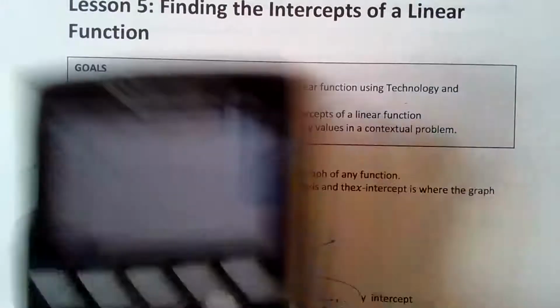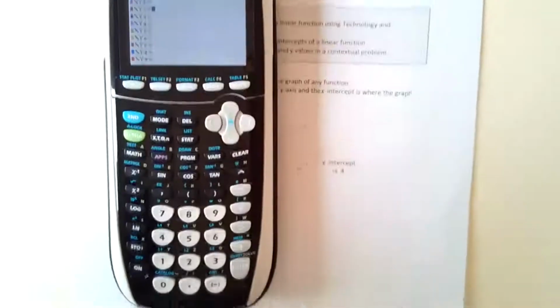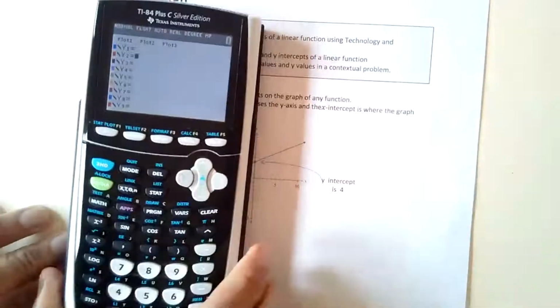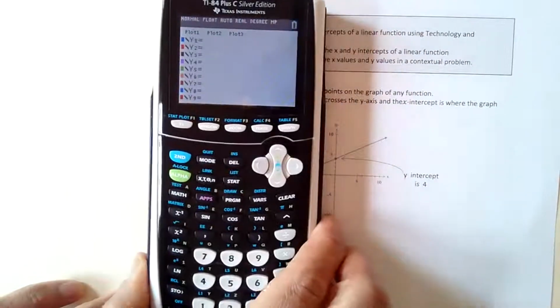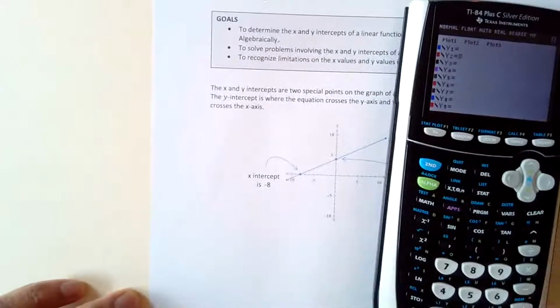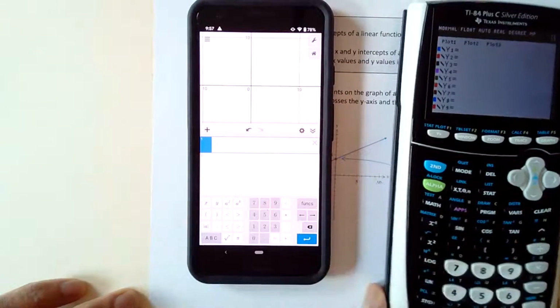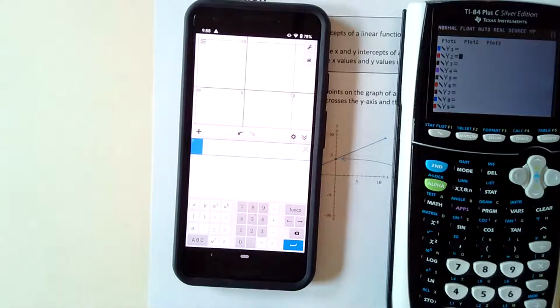So you'll need your graphing calculator if that's what you're using to find the intercepts with technology, or if you're using Desmos, you can use it.